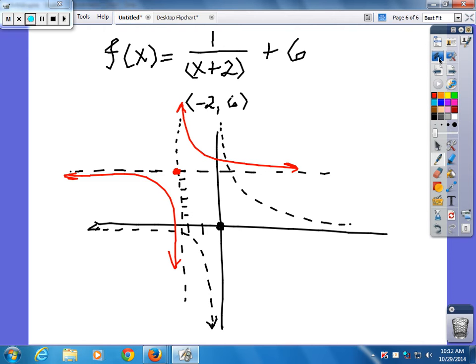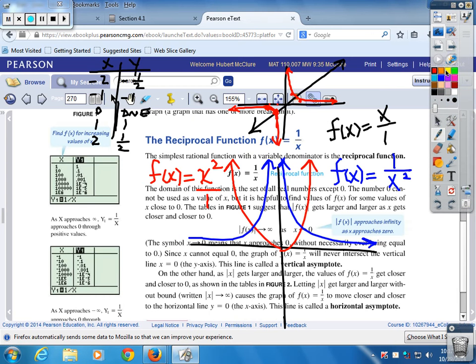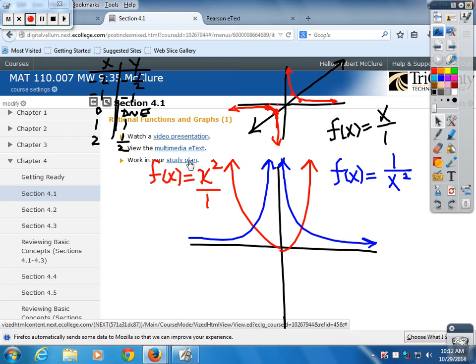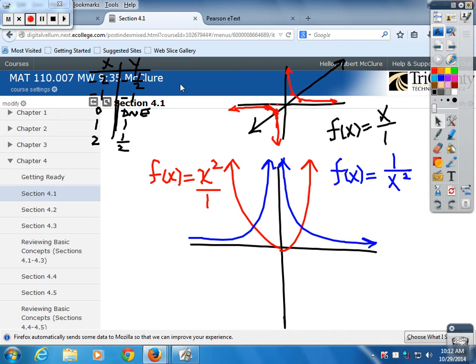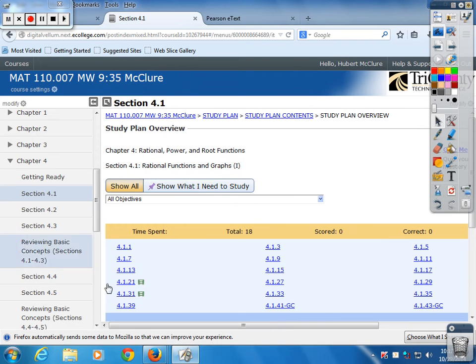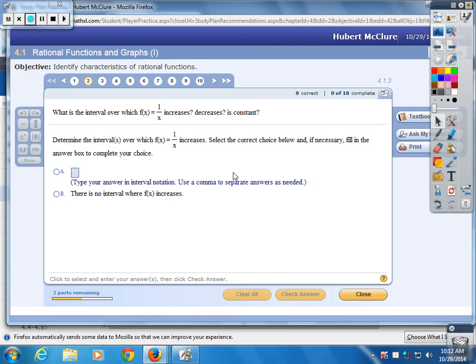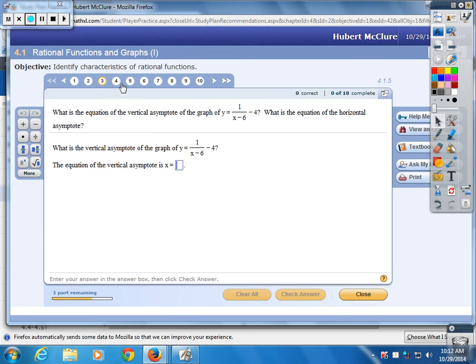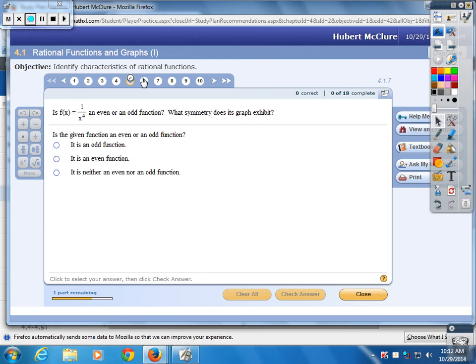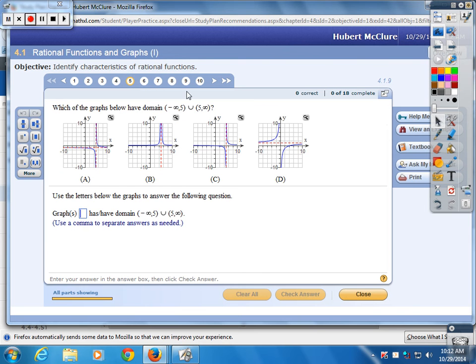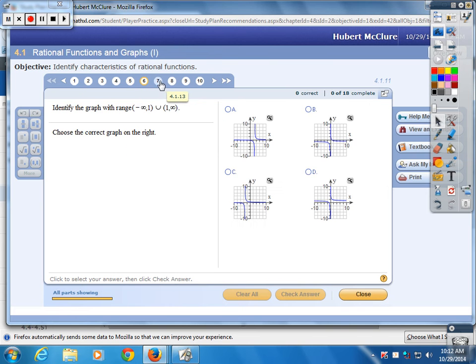You're talking about 2 or 3 problems on the test. Let's go ahead and look at the homework for this section, so you can see what kind of problems I'm talking about. I'm going to pull them up here, that way I can pick what I want. They're giving you the domain. I don't want that.